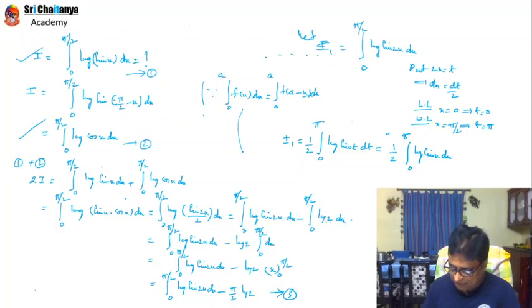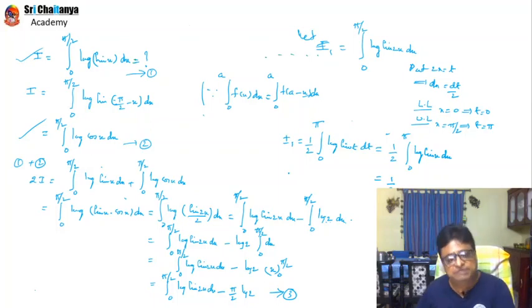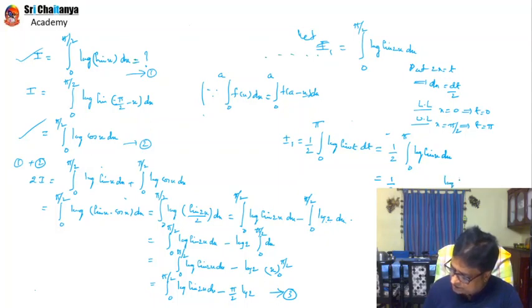Again apply our beautiful property here. Therefore, it can be written as half, not this property, our previous property. Here log sin of pi minus x is equal to log sin x. So this property looks like: integration 0 to 2a f of x dx is equal to 2 into integration 0 to a f of x dx, provided f of 2a minus x is equal to f of x.